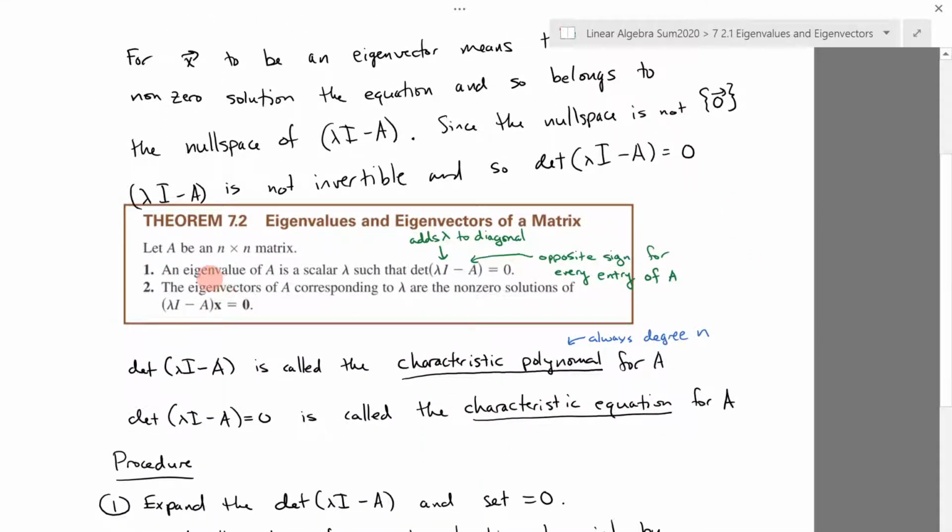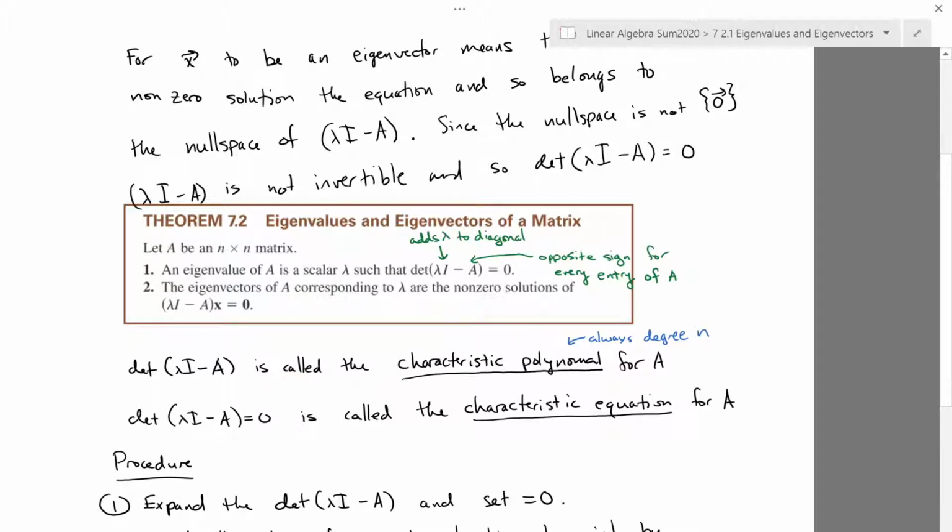So an eigenvalue of A is a scalar lambda which satisfies this equation: determinant of lambda I minus A is equal to 0. And the eigenvectors of A corresponding to a particular lambda belong to this null space.